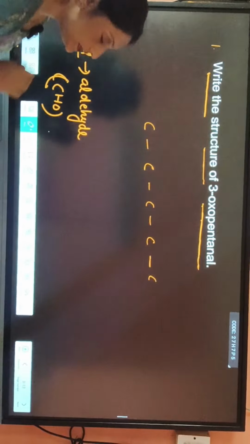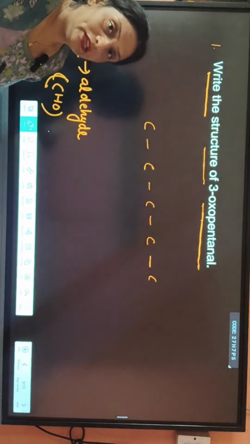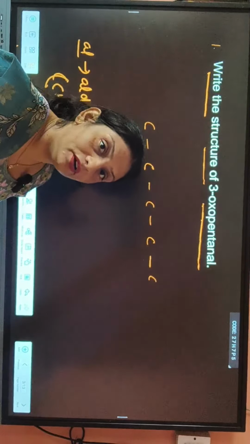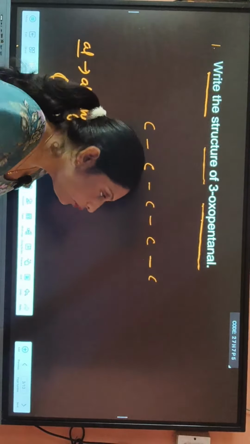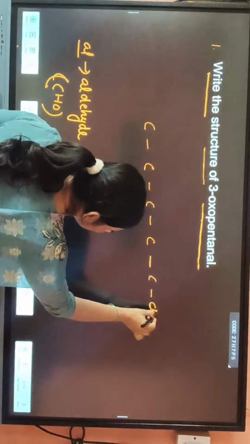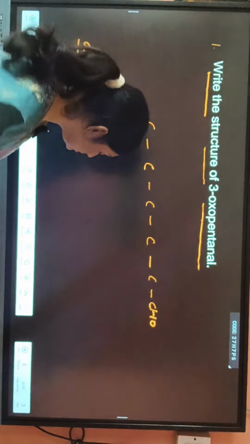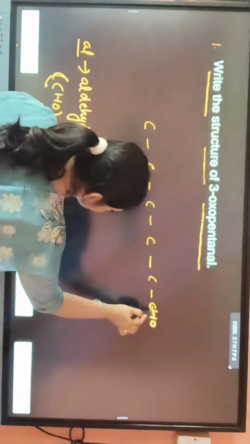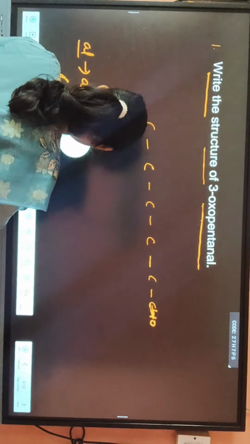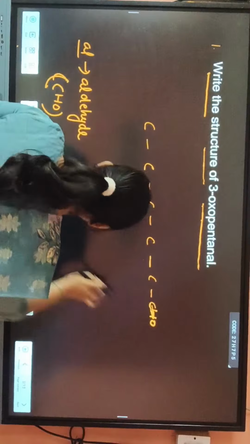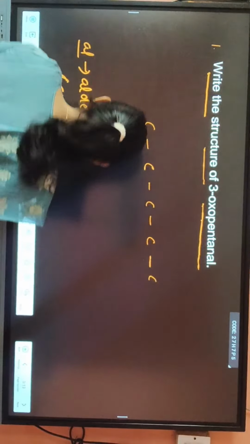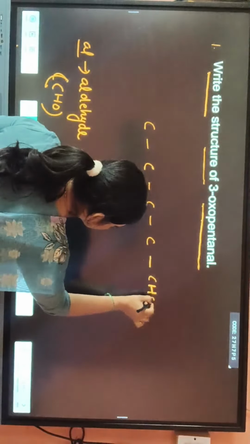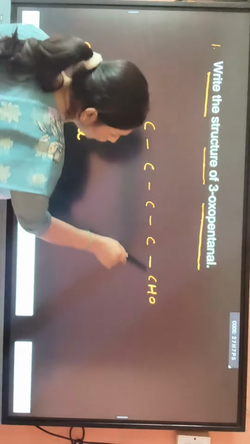But the CHO carbon is also included in the word root, so we will not write the CHO group separately. We write it in the chain: 1, 2, 3, 4, 5.